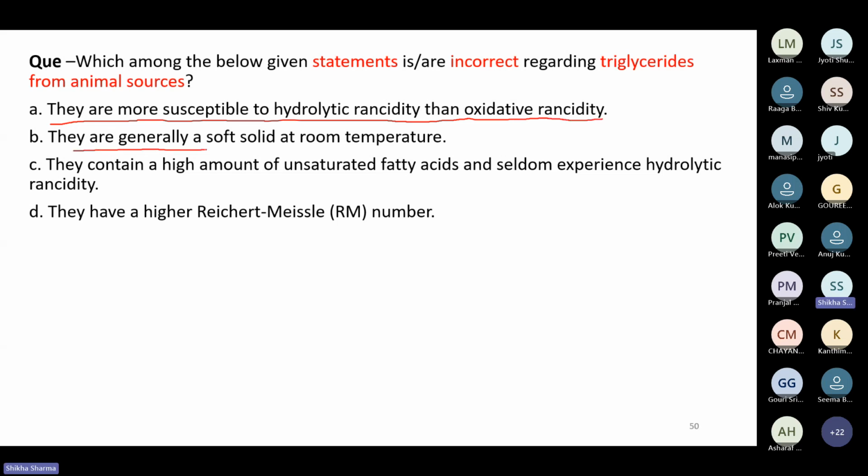B: they are generally a soft solid at room temperature. C: they contain a high amount of unsaturated fatty acids and seldom experience hydrolytic rancidity. And D: they have a high RM number. So first tell me, what is the RM number?